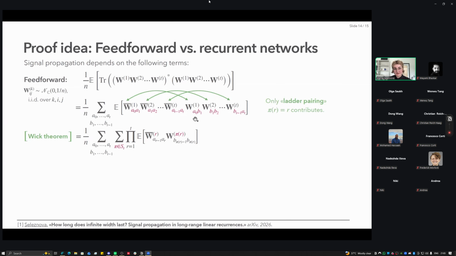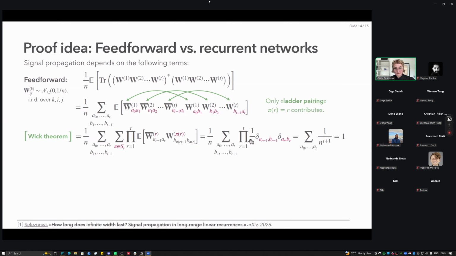Okay, and this is just because in the feed-forward case, all the matrices are independent between layers. So therefore, this sum just ends up being a single term, and we can calculate the contribution of the single term, and after simplifying everything, we just get that this long trace is equal to 1.